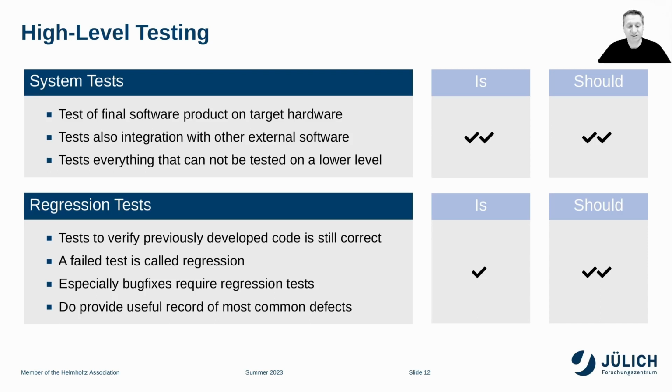The other advantage of keeping regression tests around is you get a nice record of the most common defects in your software. So if you see, for example, you have a tool that parses some input data and another tool that computes stuff, and you see that most of the errors come out of the parsing tool, obviously you can take more care and concentrate your work on the part of the code where more defects come from.